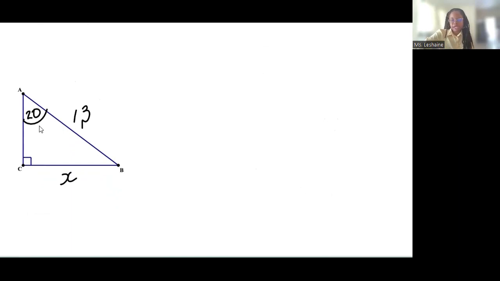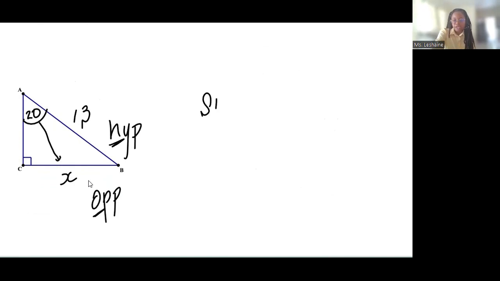For this particular example, what I have opposite to my angle is an X, all right? So opposite to my angle is an X, so I'm presented with an opposite side and a hypotenuse. So I have O and H, so that is sine. So sine of my angle, which is 20, is equal to the opposite over the hypotenuse.